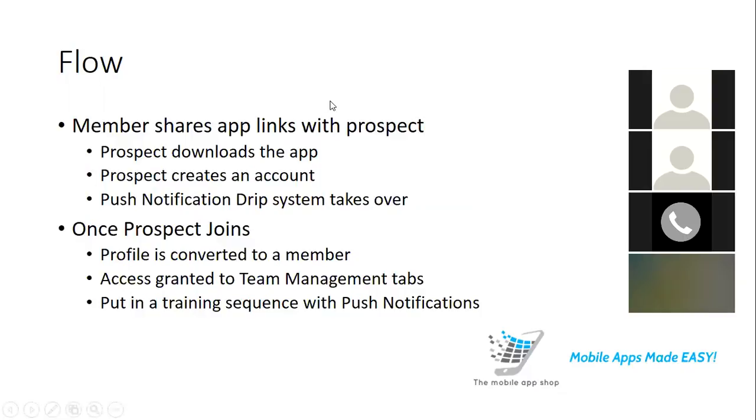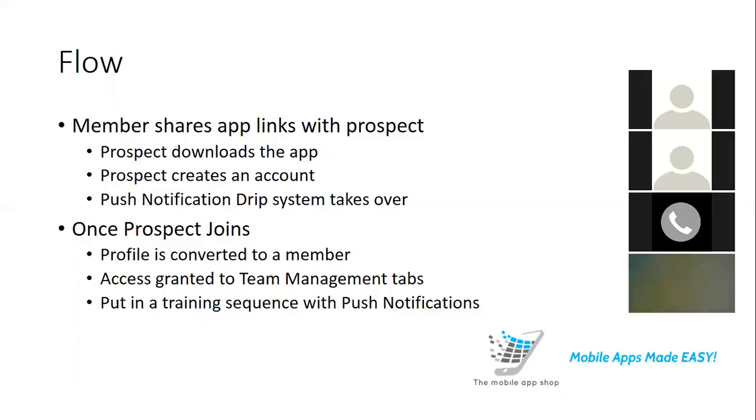The next step in the process is the prospect will download the app, and after they've downloaded the app and opened it up, the prospect will be prompted to create an account. In that account, we can capture any type of information you want, a name, email address, what have you, and also who is the referring member that sent them the app, and that can be automated.